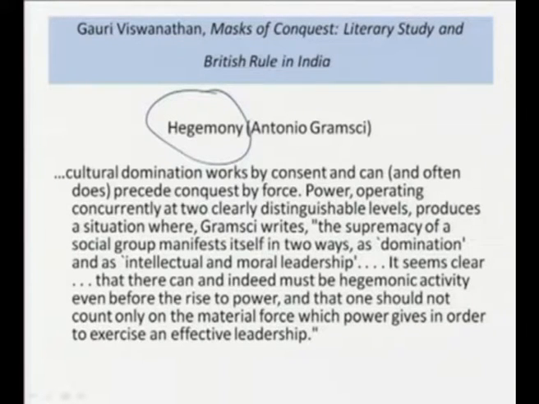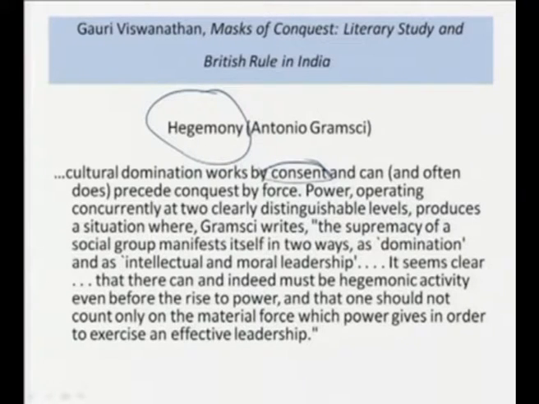Now, this is the important point. Okay. So, domination is usually understood as an act of power, an act of coercion. Okay. So, following Gramsci, Vishwanathan says that cultural domination does not have to be only one of power, an act of power. Cultural domination works by consent and can and often does precede conquest by force.